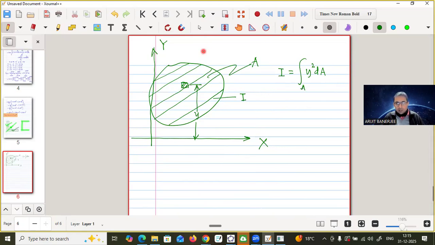Again, we can write the same as some k square into A. So you see that there is a similarity, right? K square A. So what is the meaning?